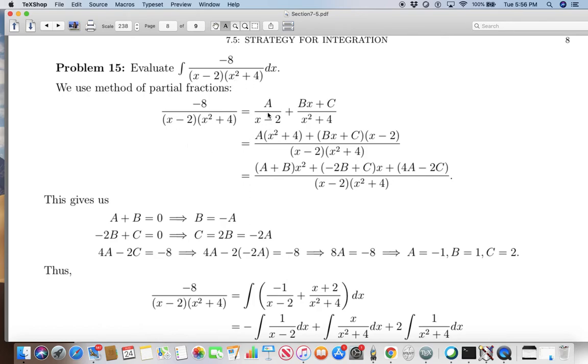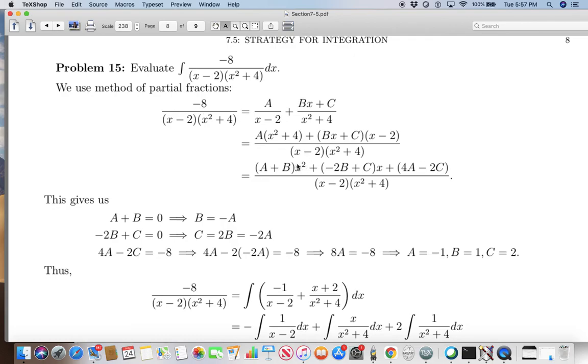So linear fetches me A over x minus 2, and this one gets me Bx plus C over x squared plus 4. Multiply here to make it one fraction: A times x squared plus 4 plus Bx plus C times x minus 2. When you unravel it, combine like terms, you get A plus B, minus 2B plus C, and 4A minus 2C equals negative 8.